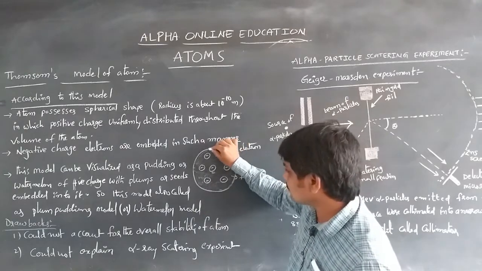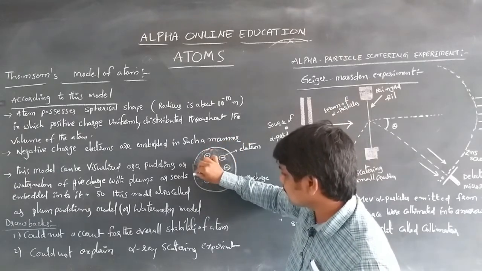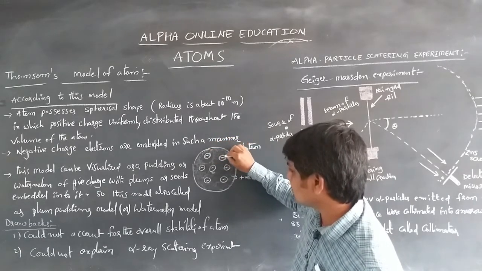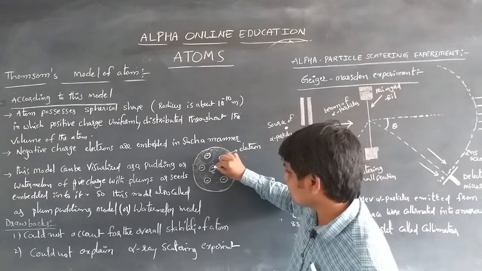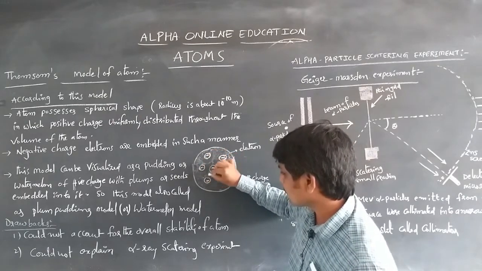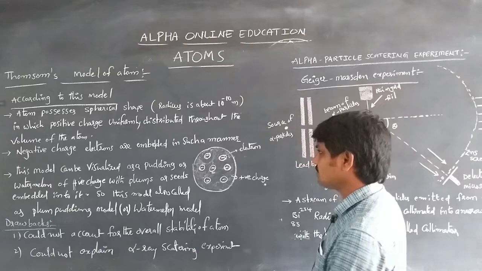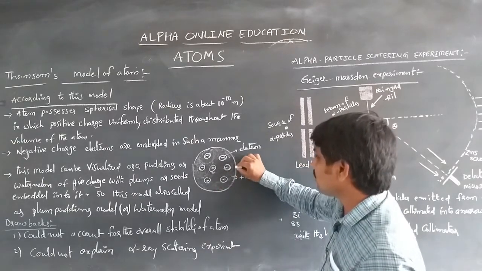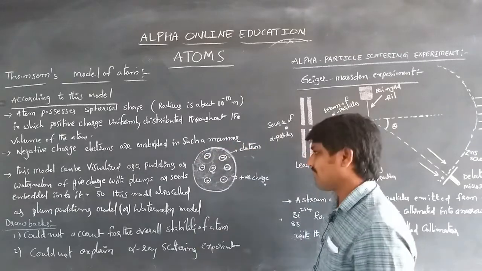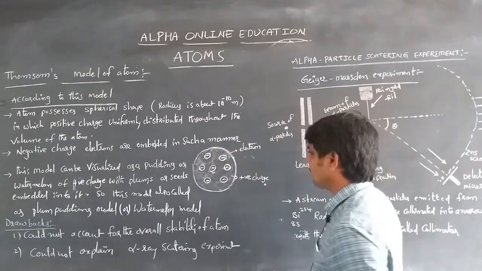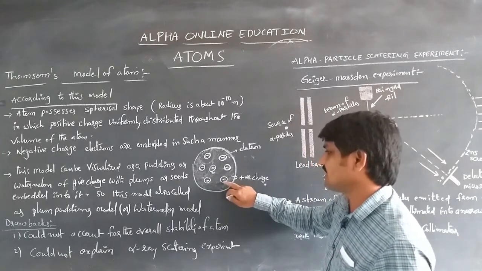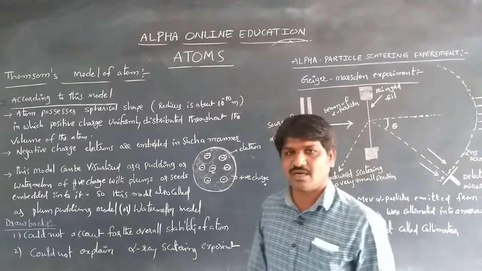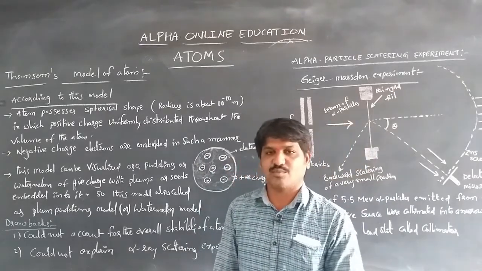The total positive charge is uniformly distributed all over the atom, and the negatively charged electrons are embedded like the seeds in a watermelon. So this model can be visualized as a pudding or a watermelon of positive charge with plums and seeds embedded in it. This model is called the plum pudding model or watermelon model.